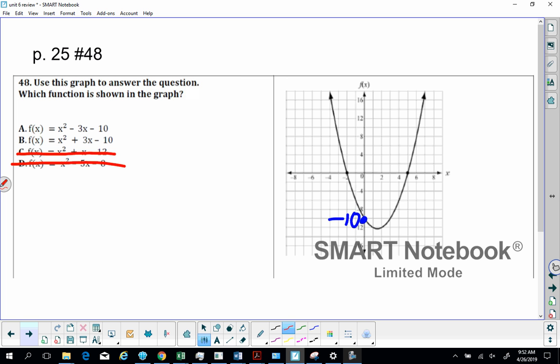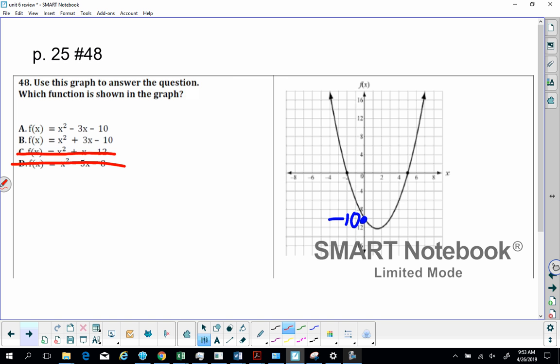Okay, so the next question is about this 50-50 shot. What I would do if I were you is type answer choice A into my calculator, in the table. Once you type it in, you can look for your zeros.